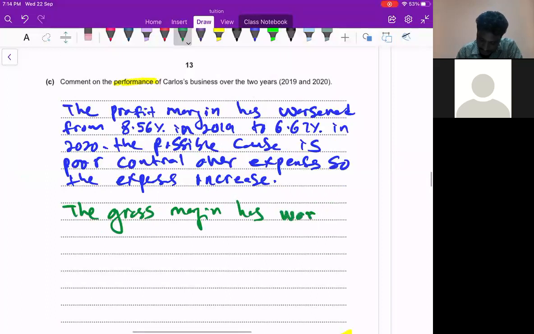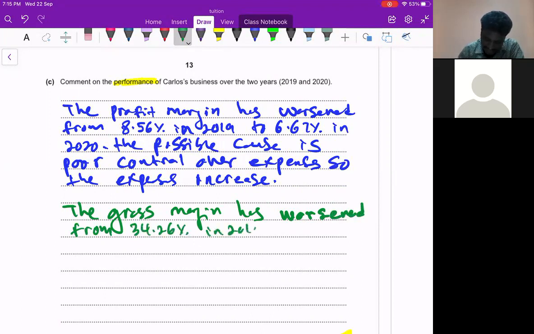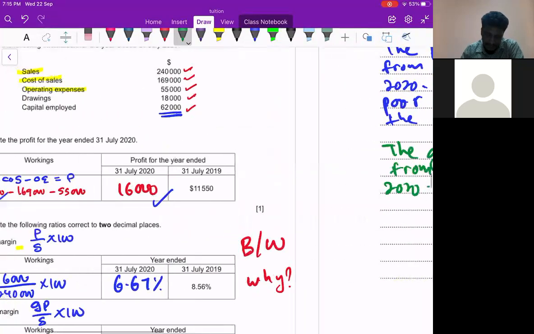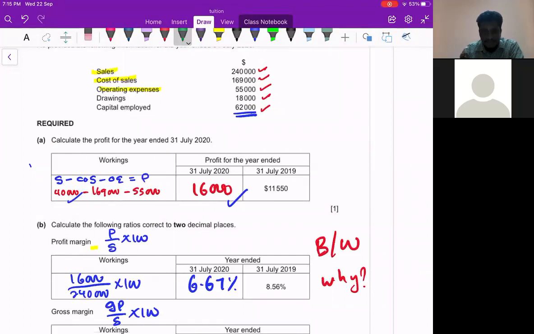As worsen from 34.26% in 2019 to 29.58% in 2020. The possible cause is, you can talk about 2 things.